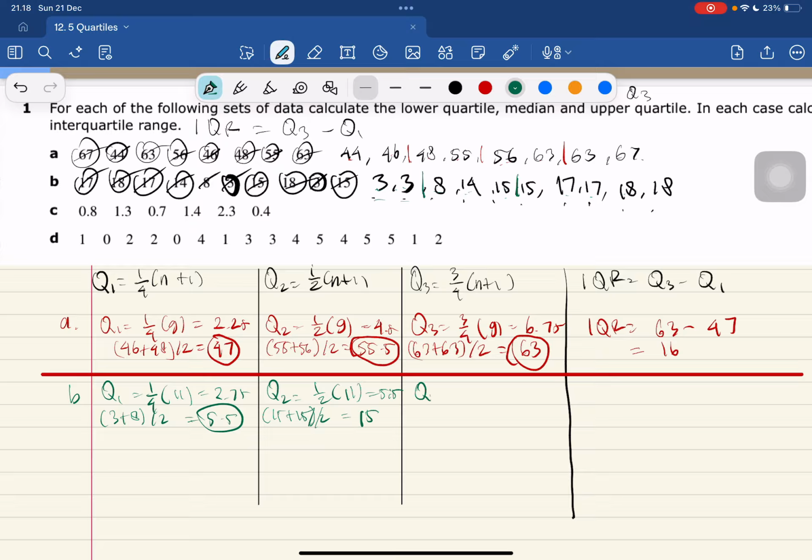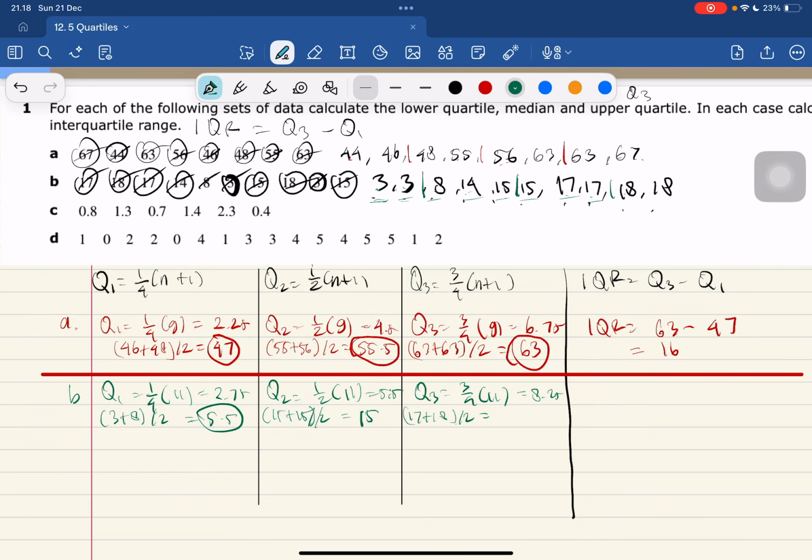Now quartile 3: 3 over 4 times 11. We have 2.75 times 3, which is 8.25. Let's count: 1, 2, 3, 4, 5, 6, 7, 8, here. So 17 plus 18, divided by 2.